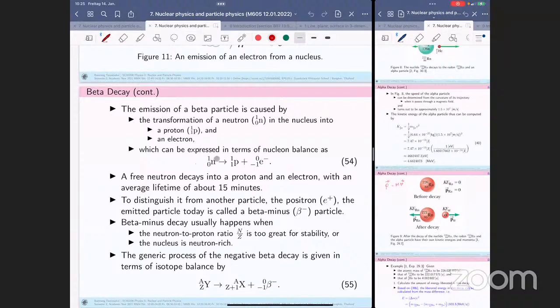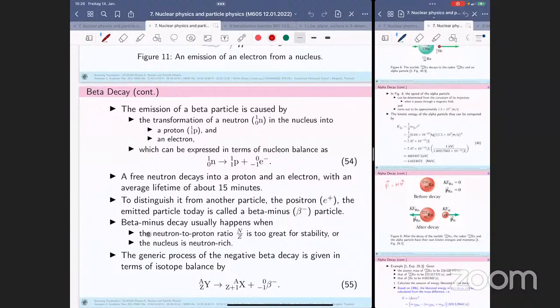Of course, we know from the beginning of this chapter that in order to make our system stable, the nucleus needs to have more neutrons. But once they collect too many neutrons, it's not good at all, and they have to convert a neutron to a proton somehow. And once they convert a neutron to a proton, they get a new type of element.